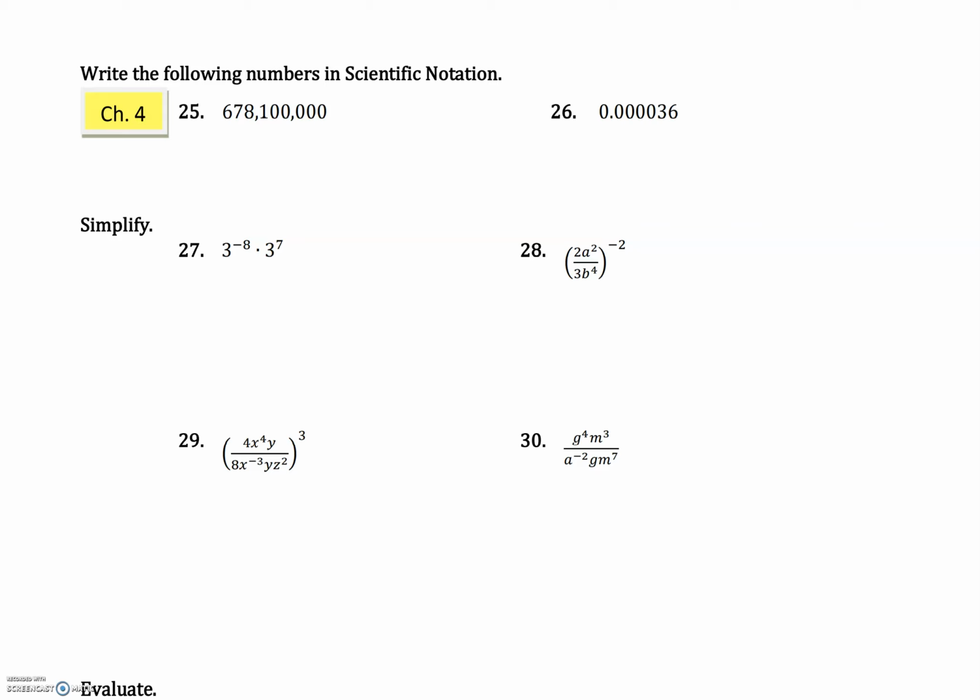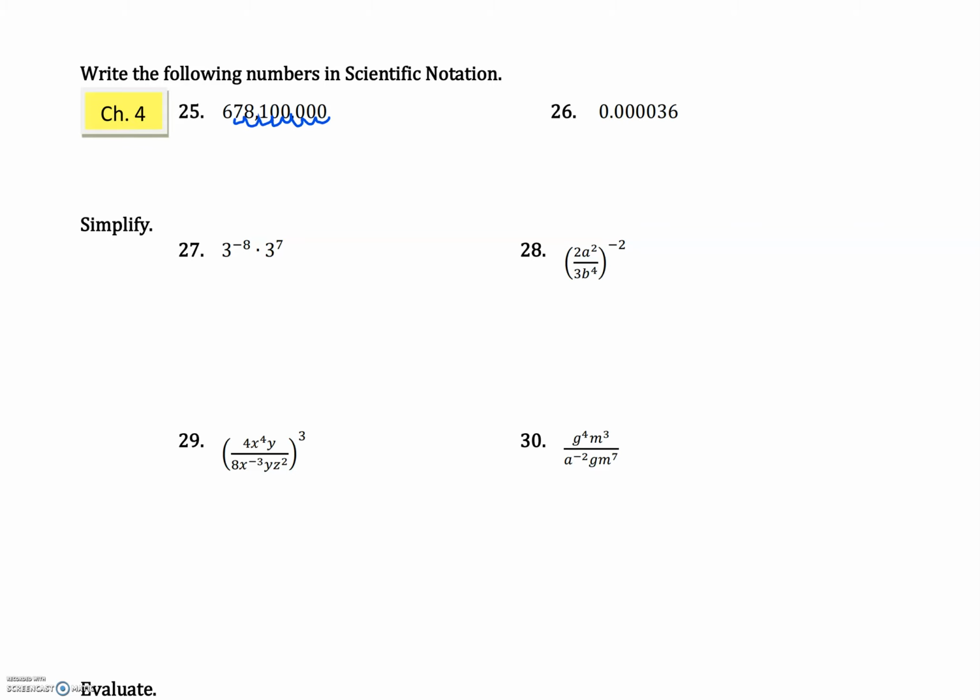These are the solutions for the chapter 4 part of the review, starting with number 25 here. It says, write the following numbers for number 25 and number 26 in scientific notation. So that means we're going to change these from 678,100,000 into a shorter way to say that, by moving the decimal place until we have just one number in front of the decimal.